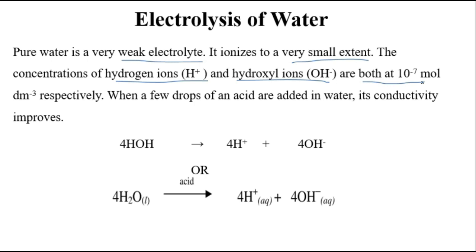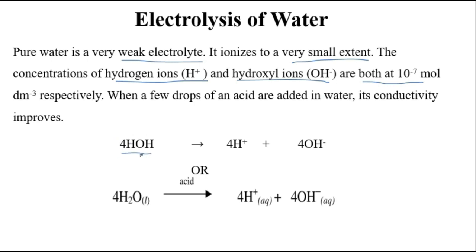It means the concentration of the hydrogen ion will be 10 raised to the power minus 7 mole per decimeter cube, as well as the hydroxyl ion has a concentration of 10 raised to the power minus 7 mole per decimeter cube. So both have equal concentration of H positive ion and OH negative ion. Now we will see this is the water.